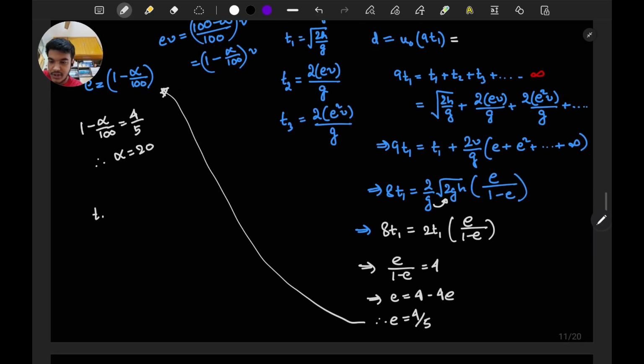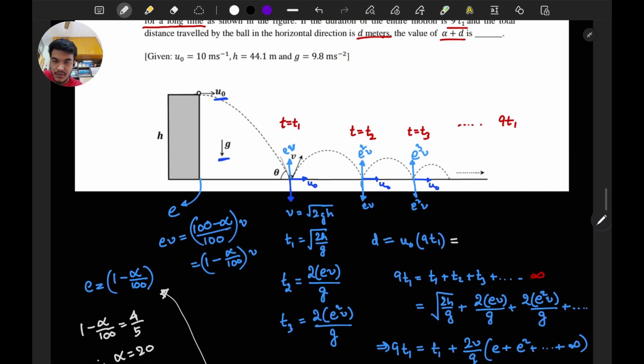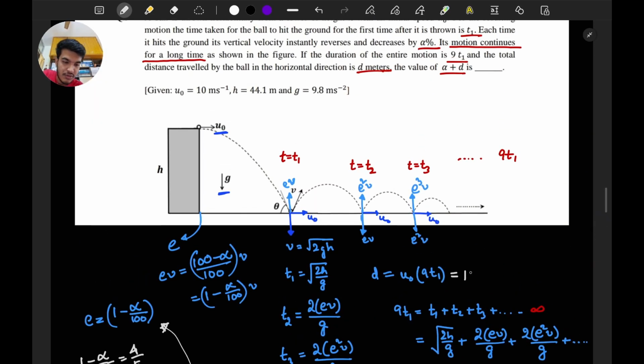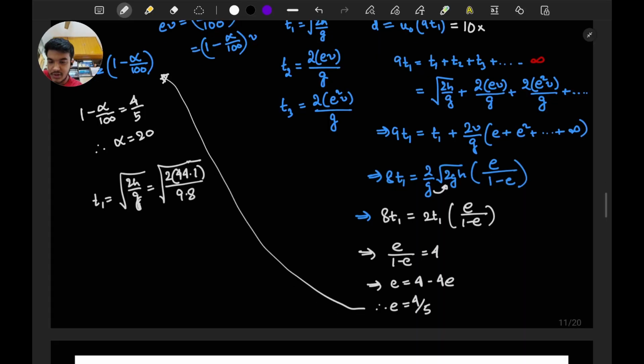Let me just calculate t1, 2h by g. I have the values here, which is 2 into 44.1 by 9.8, 44.1 meter, 9.8, and u naught has been given as 10.